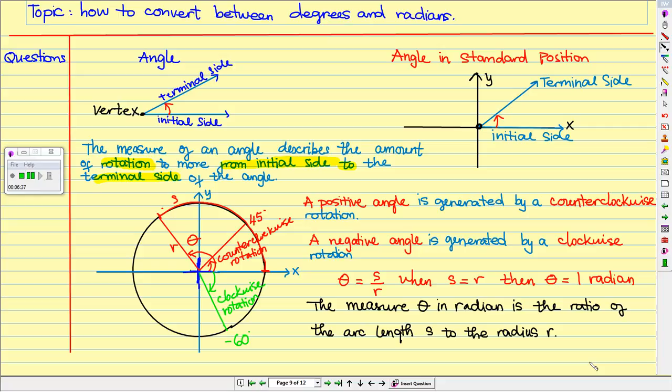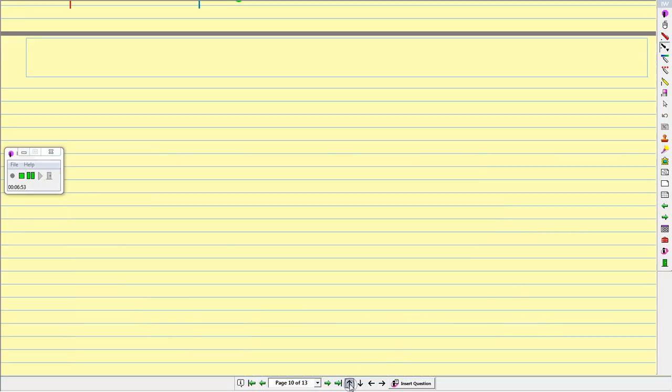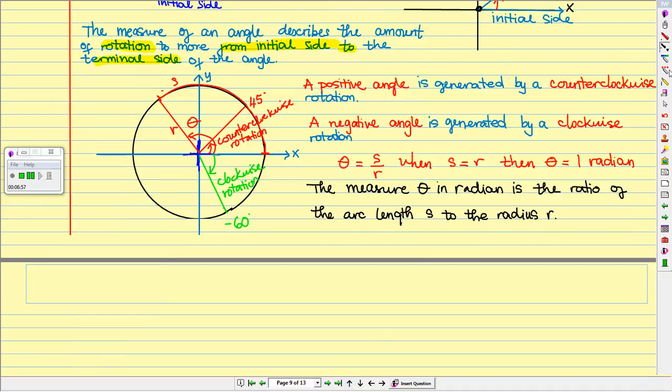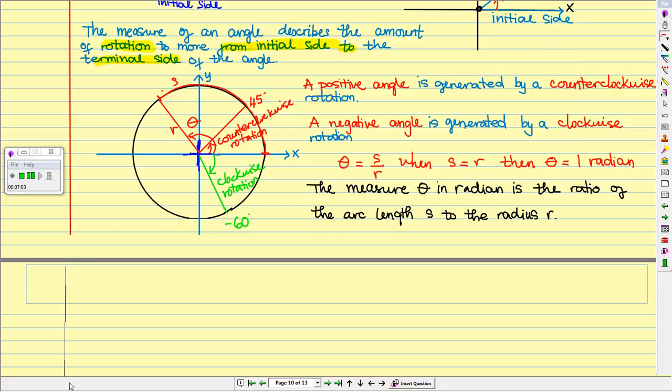So let's learn how to convert between degrees and radians. I'm going to show you a very simple way to do your conversion. Let's copy this ratio.